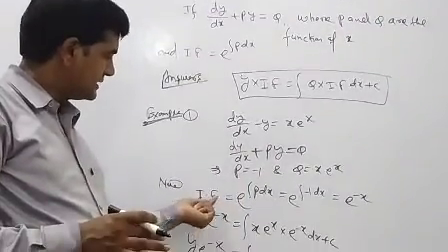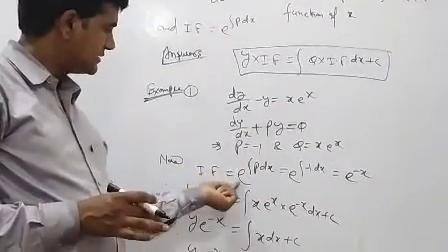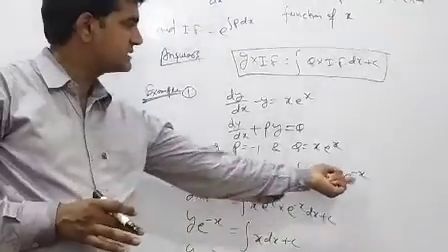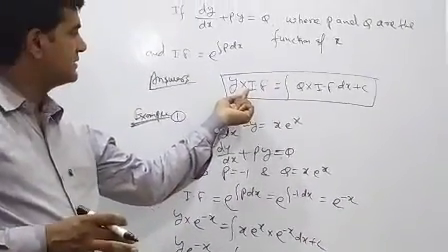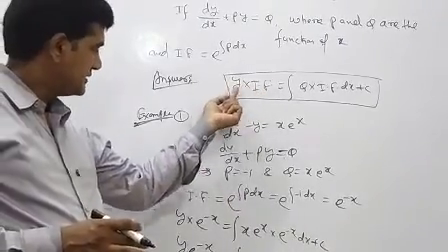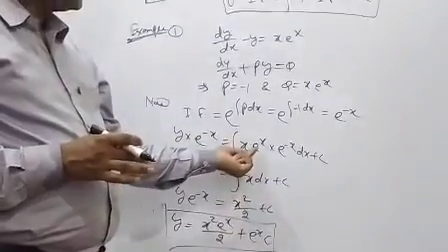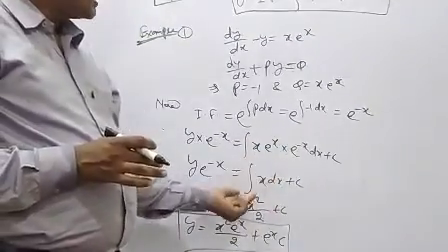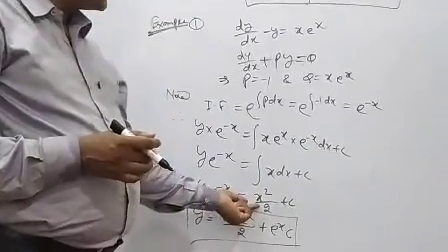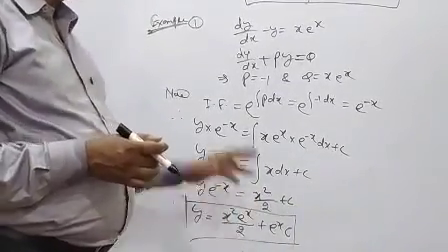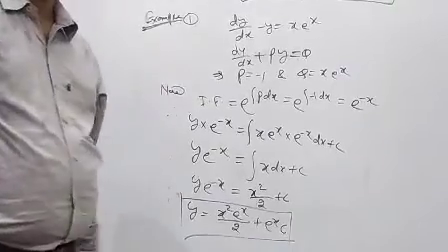After that, we have to find the integrating factor, e power integration of p dx, that is e power minus x. At last, we will put the value of the integrating factor: y into e power minus x, q means x into e power x into e power minus x, that is x. Integration of x means x square by 2 plus c. Now this is the answer. It is example number 1. Clear?